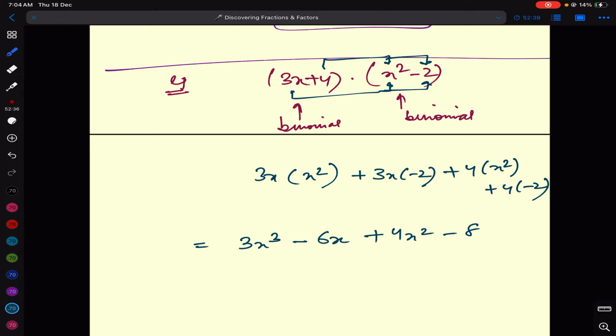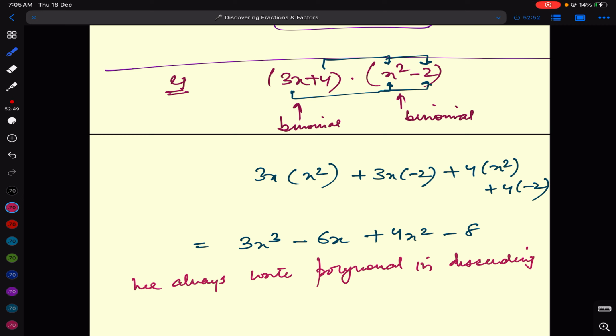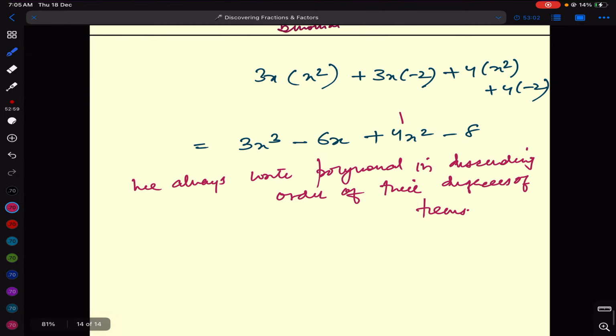So now, as we know, we always write a polynomial in the descending order of the degrees of its terms. So what we are going to do is bring this one here and this one back.